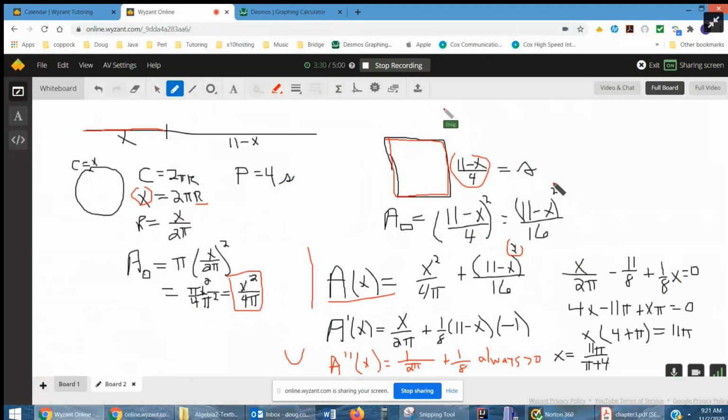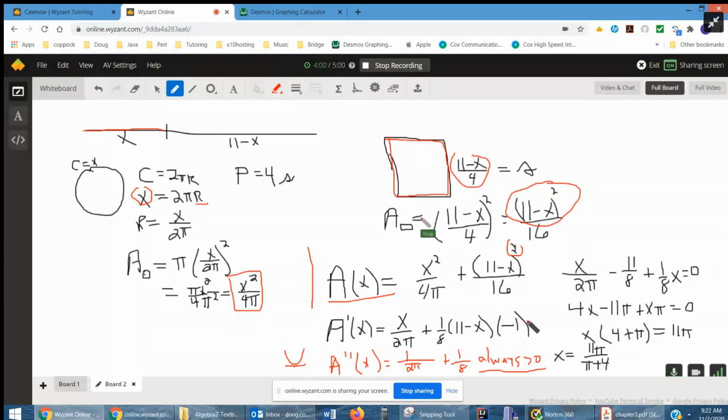I could also square this binomial and go term by term, 121 minus 22X plus X squared. In passing, I'll take the second derivative, and note that the X's disappear when I take the second derivative. So the second derivative shows that it's always positive, which means the function is concave upward, which means any critical numbers will generate a minimum value.